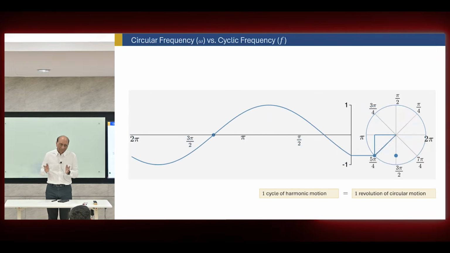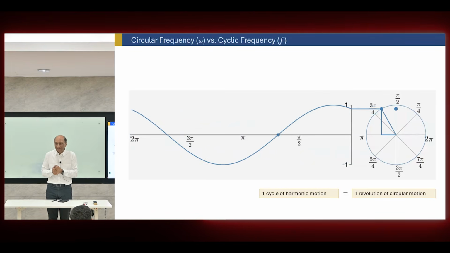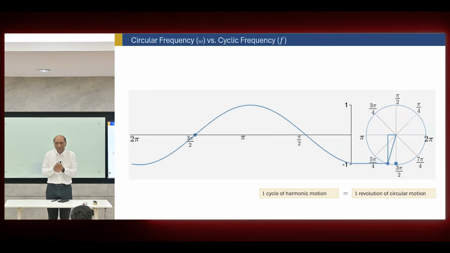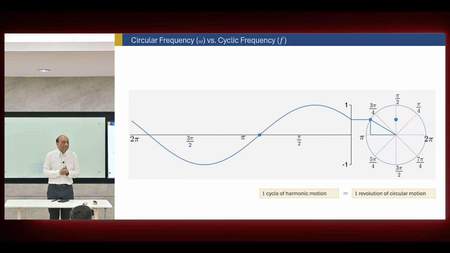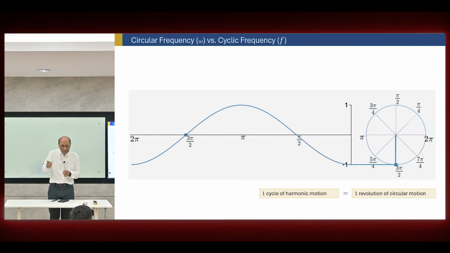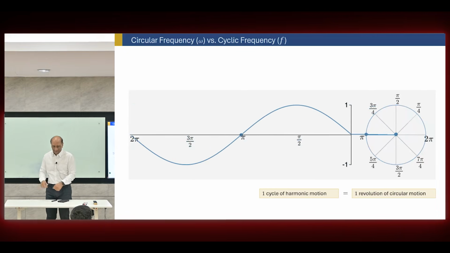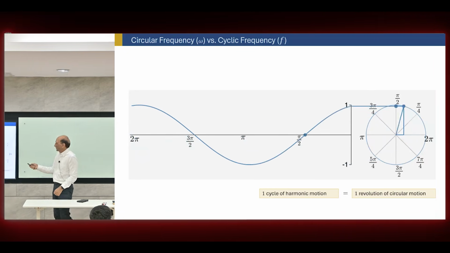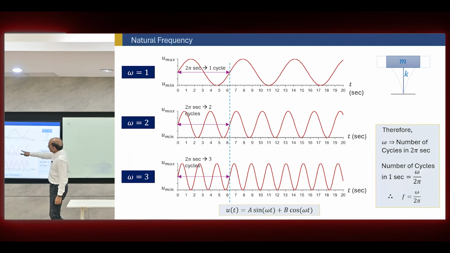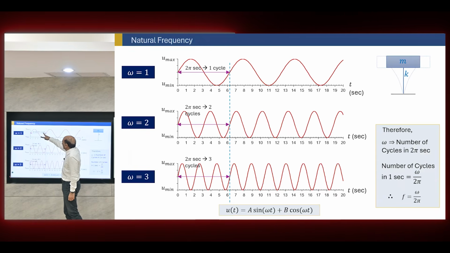I personally use natural period more than frequency, because it gives you a clear sense of the time. How long will it take for one cycle to be completed, or one complete motion of the structure this way and this way to be completed. I think this was shown by Mark in his presentation also. So omega is the frequency, and it means this one, 2 pi seconds, one cycle.